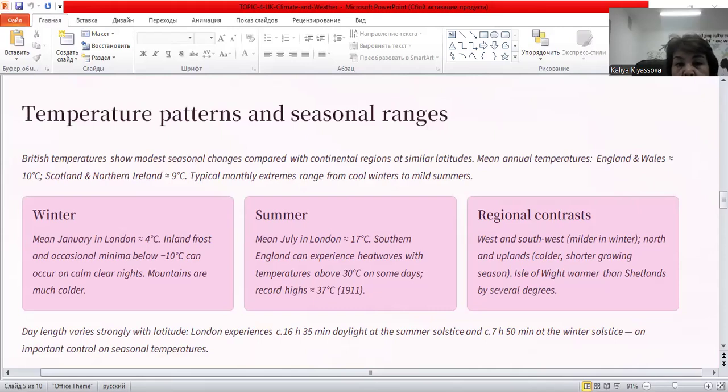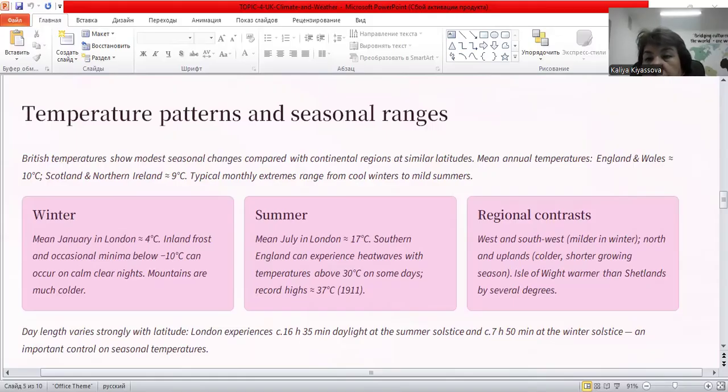In summer, mean July temperature in London is 17 degrees. Southern England can experience heat waves with temperatures above 30 degrees on some days. The record high was 37 degrees, in 1911. Now, regional contrasts.